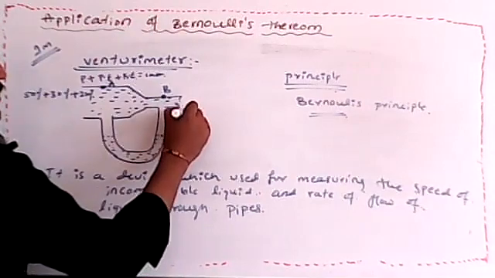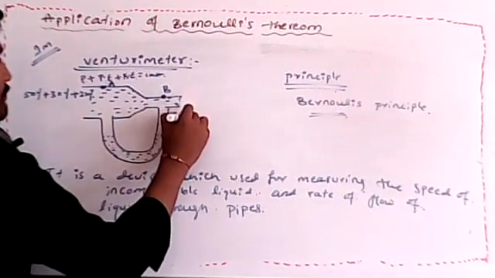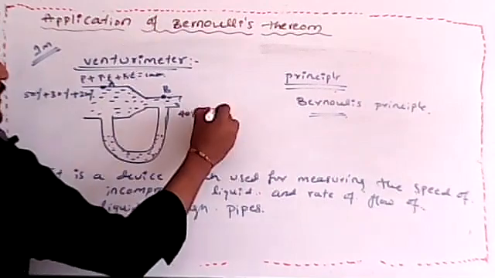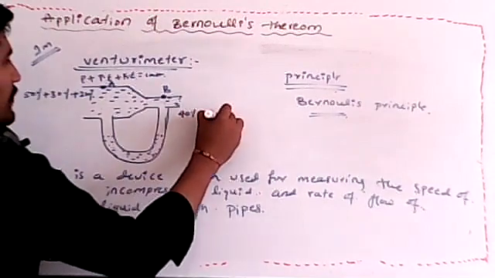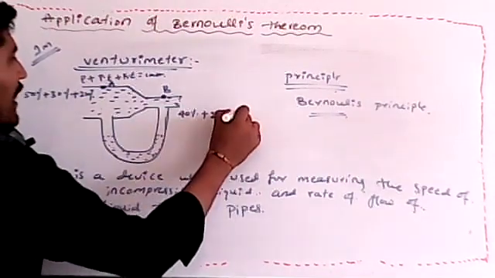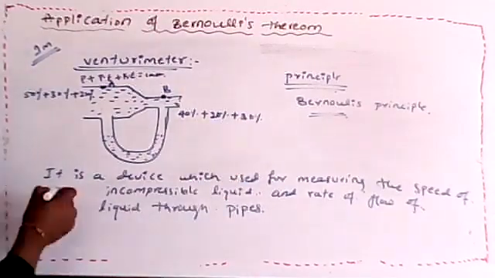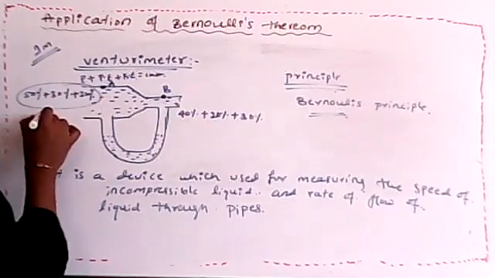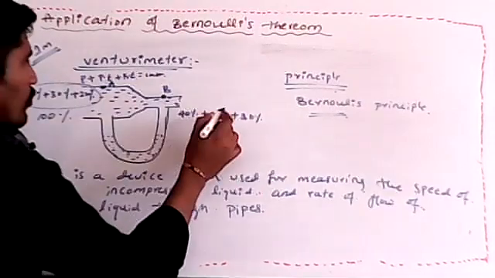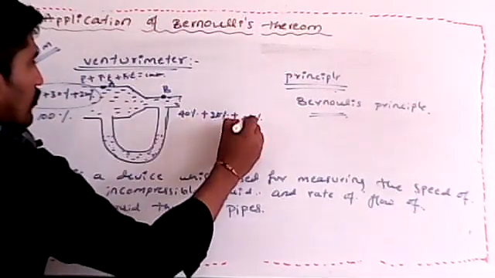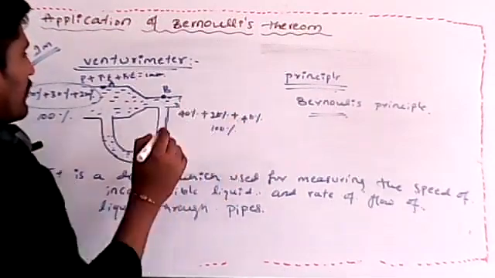For example, it may be 40%, 20%, and 30%. But remember, students, this is a total of 100%, and this is also a total of 100%.